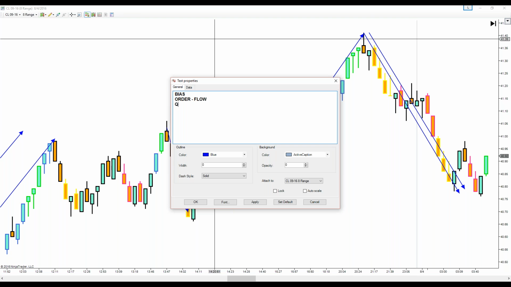You have the quant lines, which I think is one of the best indicators I've ever seen. And you have market profile, tracing out areas of support and resistance.